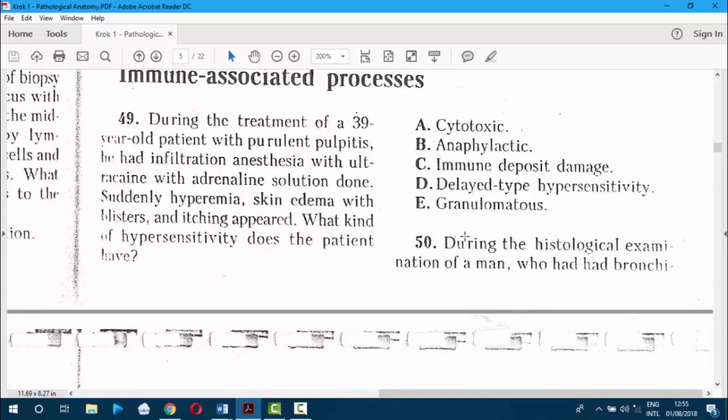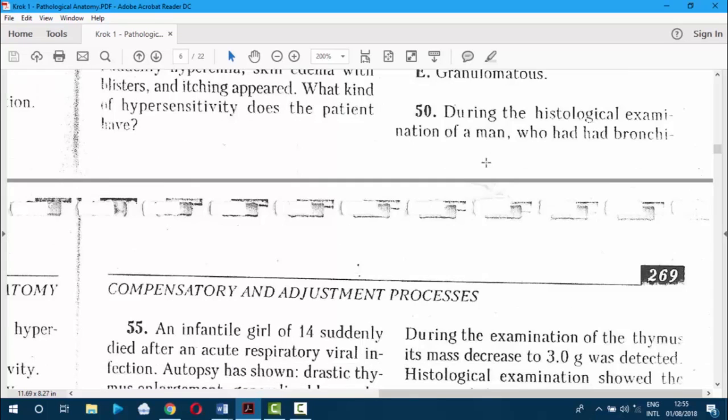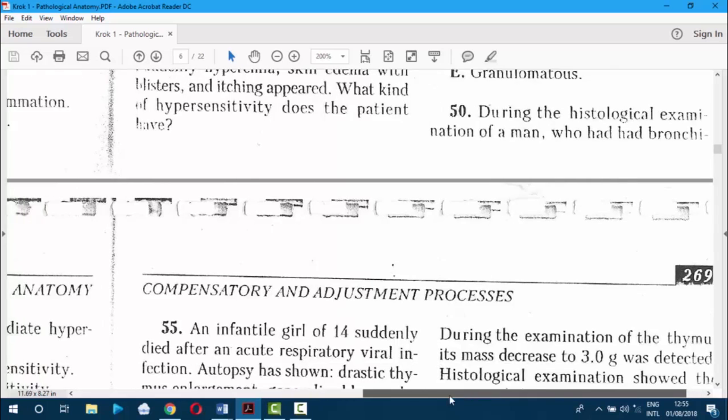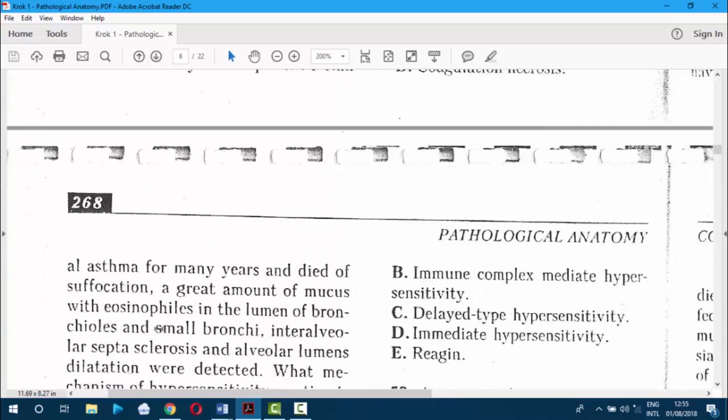Question 50, which might be my last for this particular session. During the histological examination of a man who had bronchial asthma for many years, and had died of suffocation, a great amount of mucus with eosinophils in the lumen of bronchioles and small bronchi, interalveolar sclerosis and alveolar lumens dilation were detected.